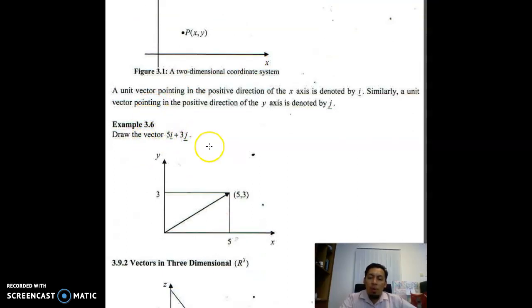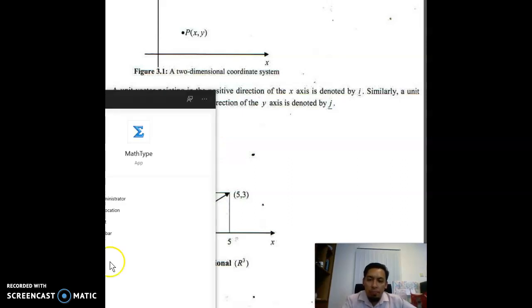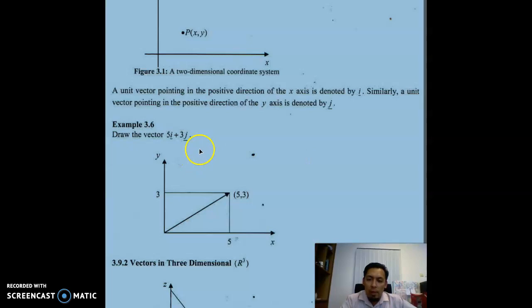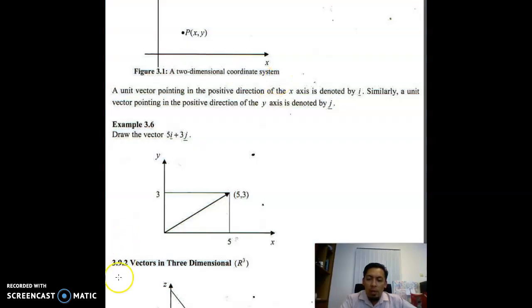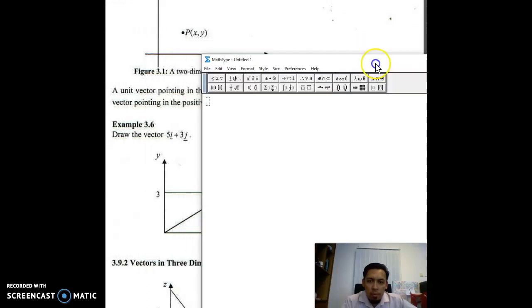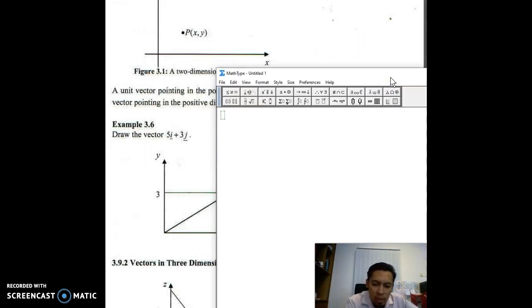If you want to put it in the form of a coordinate, it should be written down like this.